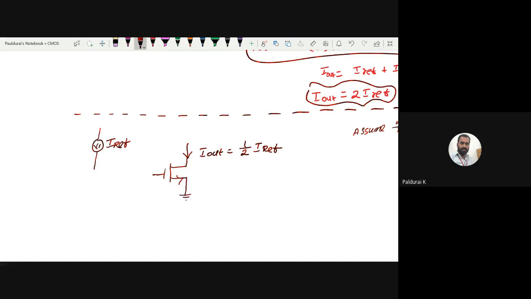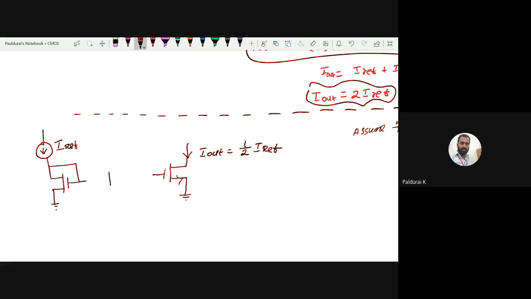So what I am going to do, please listen to me carefully. This time I want to play with the inputs. Let me connect two diode connected devices in parallel. So this is my first diode connected device, right? This is grounded.